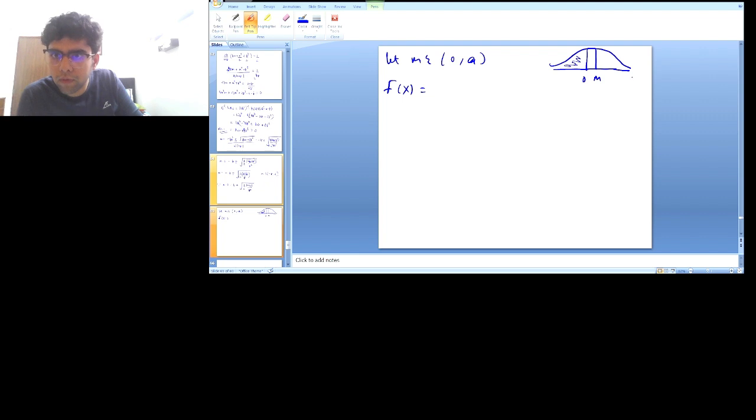So for example, if this is a and this is minus b, I need to include this area also and this whole area, right? So I calculated my CDF for any x lying between 0 and a, so I need to calculate this now.